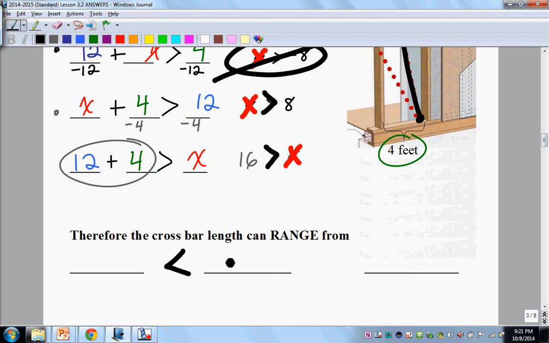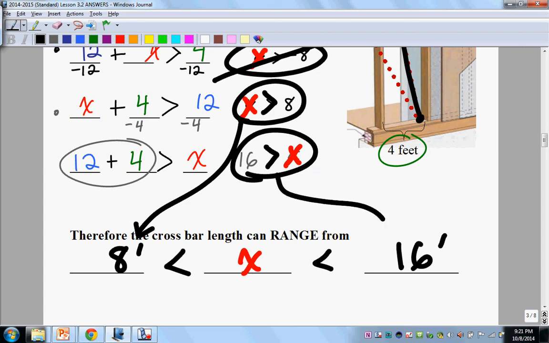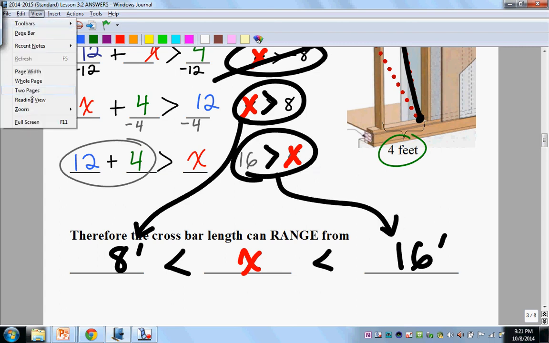X has to be greater than 8, so 8 feet 1 inch would be the smallest possible crossbar, but less than 16. So it has to be greater than 8, right here, but less than 16.